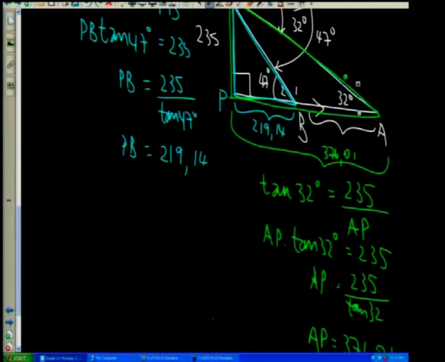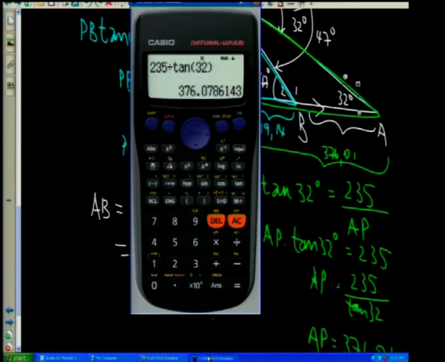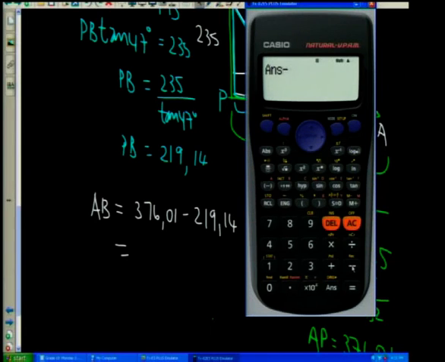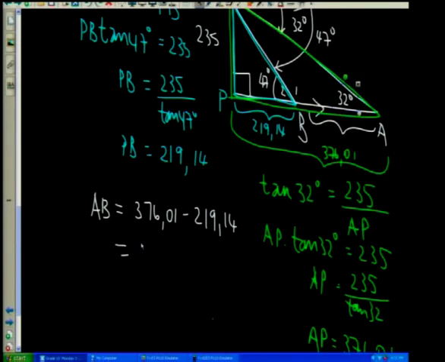No prizes for guessing how I'm going to work out that little leftover bit. It's my green minus my blue. So the length I'm looking for, the distance between the ships, is 376,01 minus 219,14, which is 156,94.